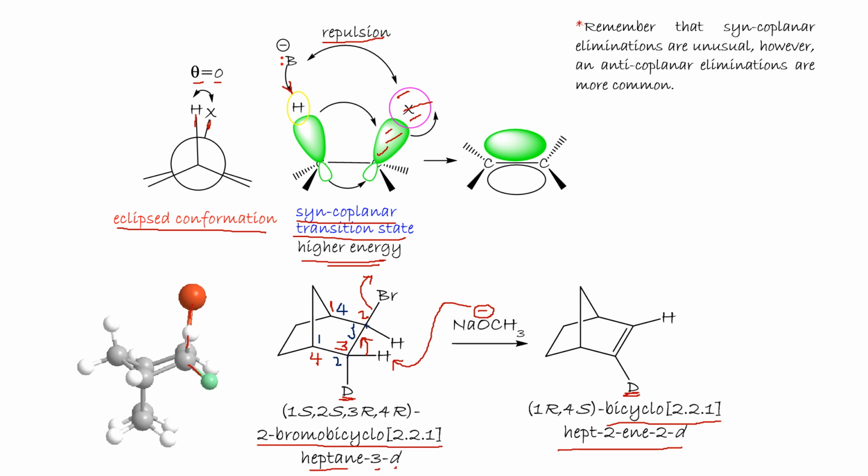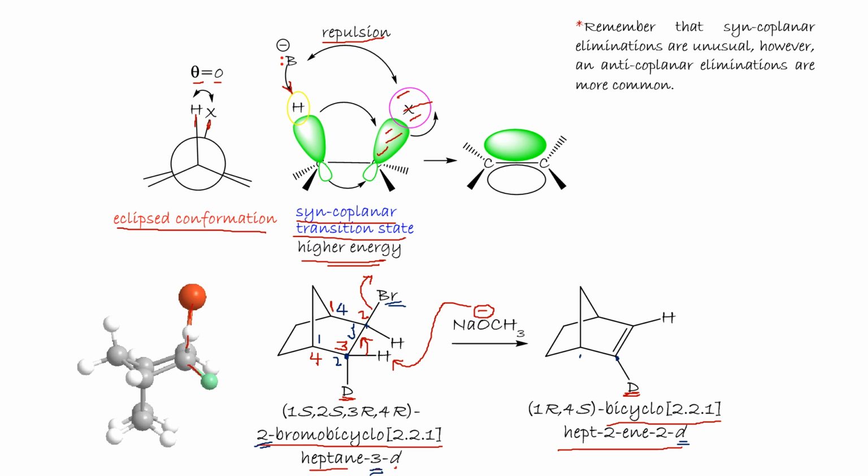The other way around, the deuterium will be number 2. Which one? Because they are the same, here 2 and here 2. Okay, which comes first? Alphabetically, Br. So here it is 2-bromo and 3-deuterium. In the product, this will be number 2 because there is no other substituent. So that will be 2-deuterium.